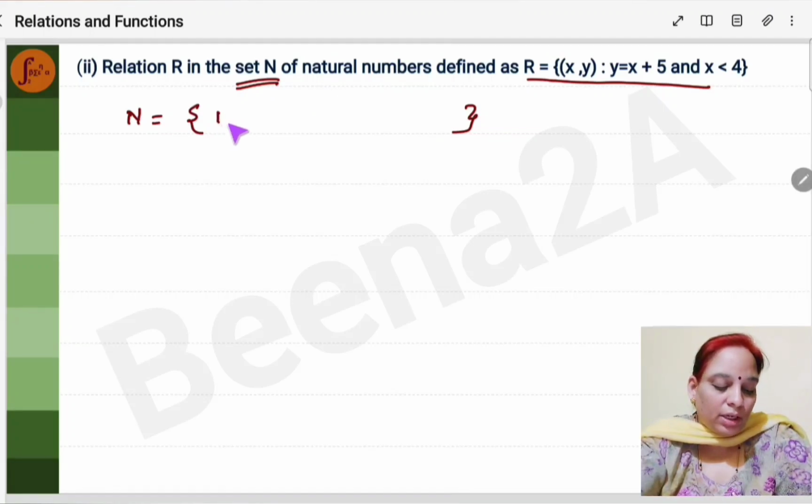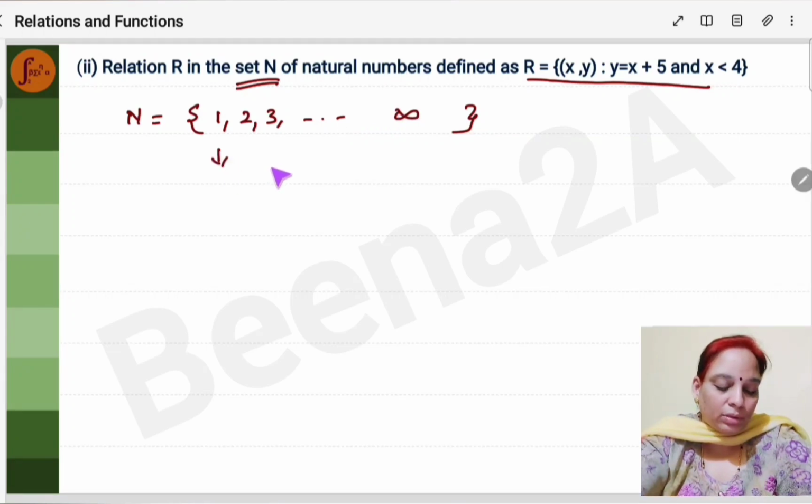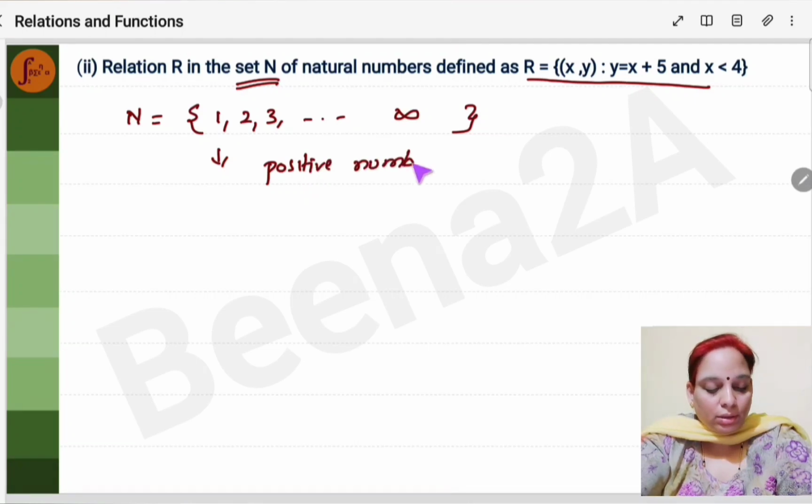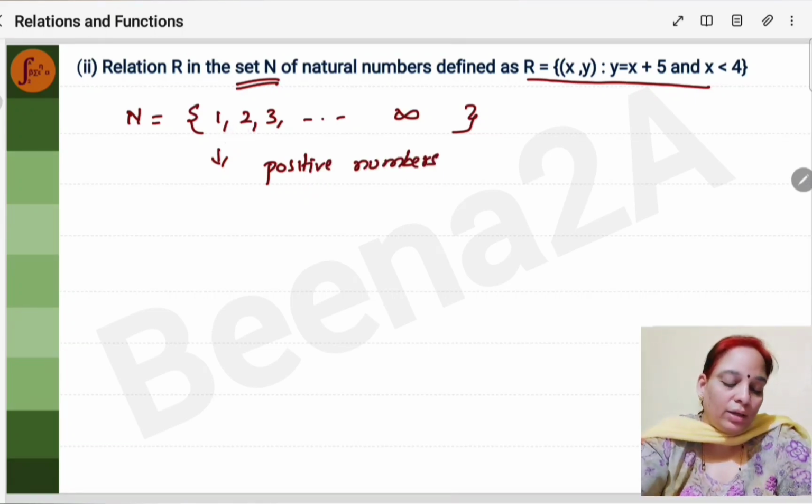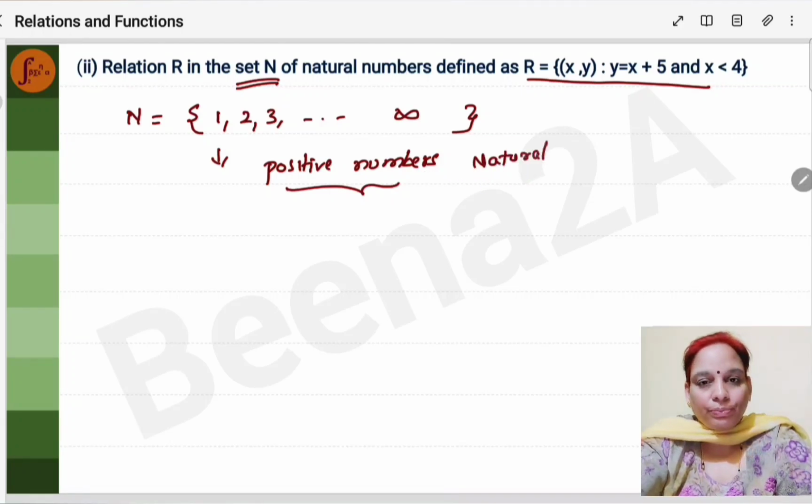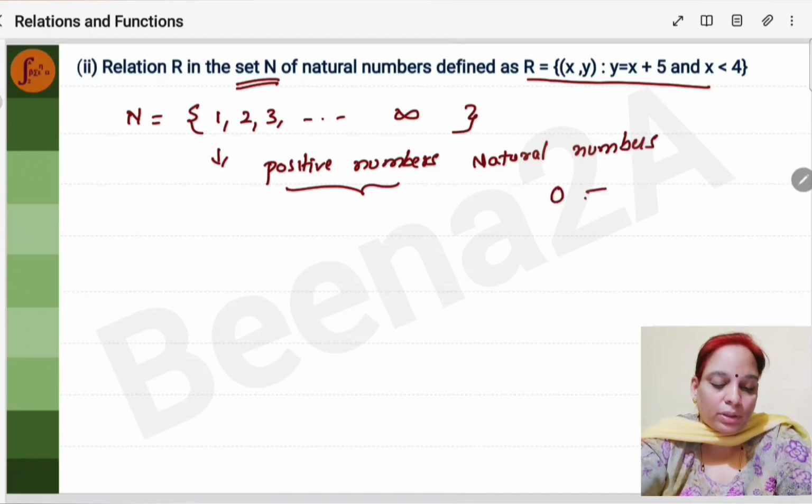Numbers starting from 1 going till infinity, that is, only positive numbers. It does not have 0, because 0 is not a natural number.